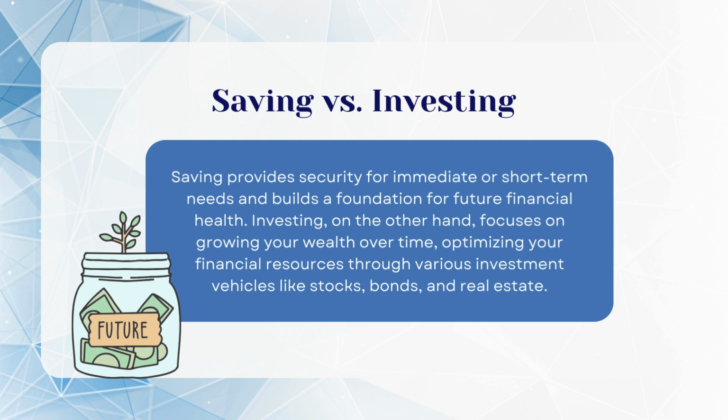Optimizing your financial resources through investment vehicles. Investment vehicles is just a fancy term for where you're putting that money and where it will grow. So, a stock is when you buy a piece of a company. We talked about government bonds, which is similar. You're paying someone, and in return for that loan that you're giving them, they'll give it back to you, and you'll receive more money.